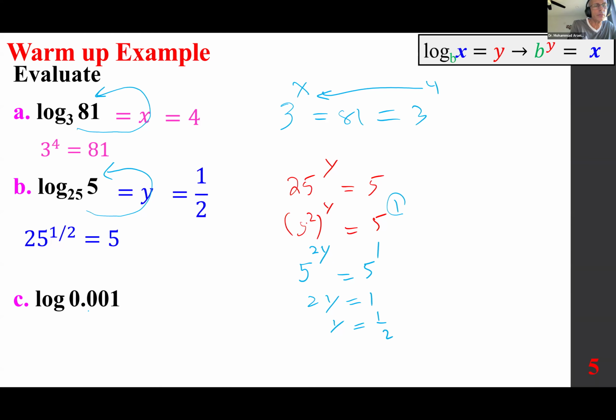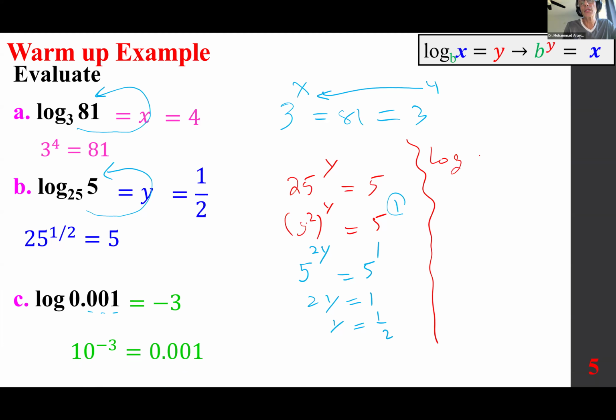Now, this one has 3 decimals, so it's -3, or 10 to the power of -3 is 0.001. And I want to remind you, log 10, it has 1 zero, it's 1. Log 100 has 2 zeros, it's 2. Log of, let's say, 100,000 has 5 zeros.